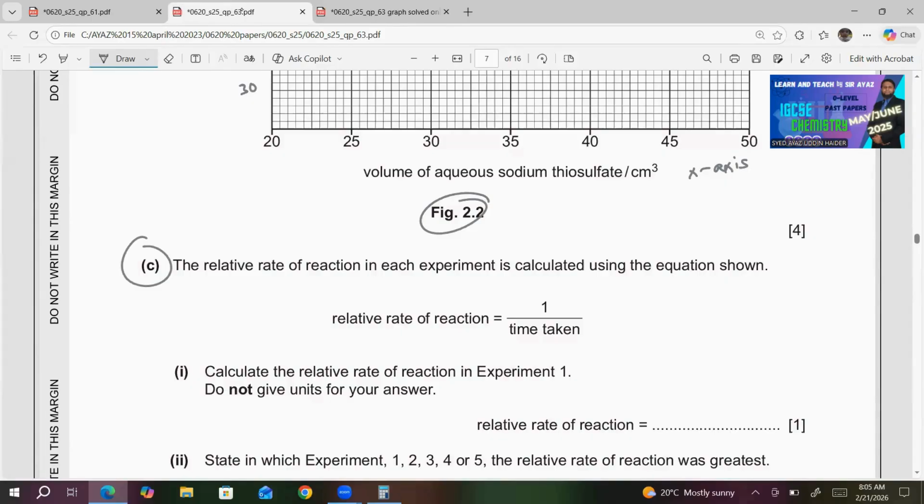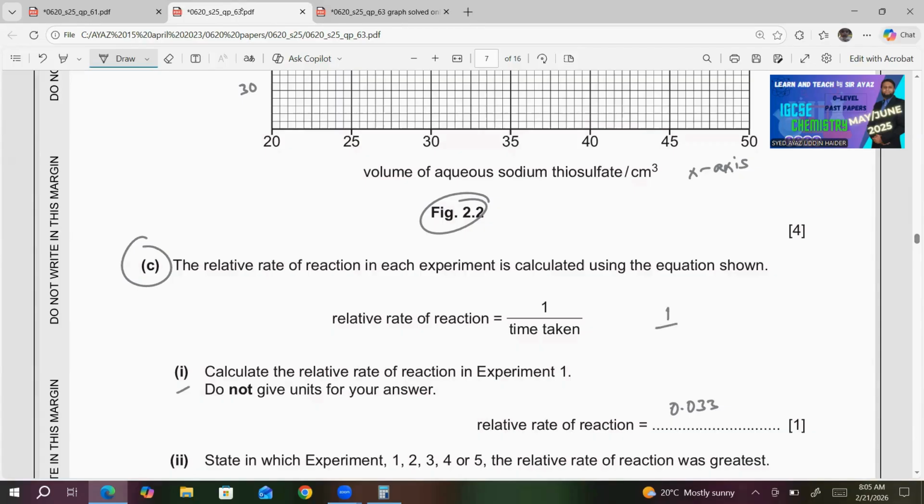Let us see, the relative rate of reaction in each experiment is calculated using the equation shown. Relative rate of reaction is equal to 1 divided by time taken. 1. Calculate the relative rate of reaction for experiment 1. Do not give units for your answer. No need to give units as they are saying. For experiment 1, what you will be getting? We will get 0.033. So 1 divided by time taken.